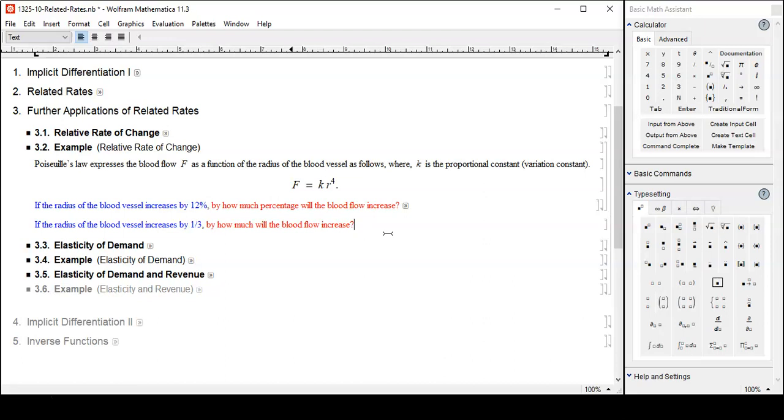If the radius of the blood vessel increases by 1/3, 1/3 of what? 1/3 of the current radius. That's hidden. So 1/3 of r, that's hidden.